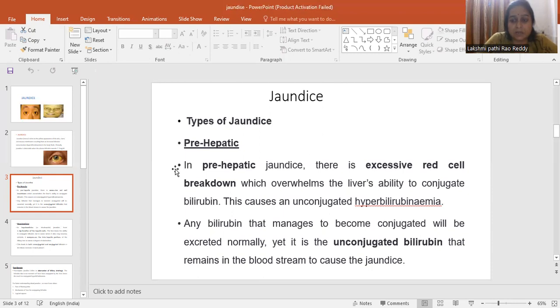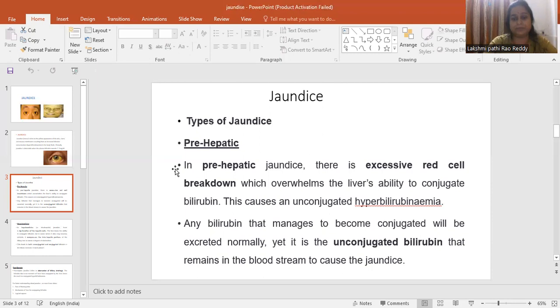So this causes the level of bilirubin to exceed in our body fluid. Prehepatic jaundice is also an unconjugated type of hyperbilirubinemia, where the liver is unable to conjugate the bilirubin.